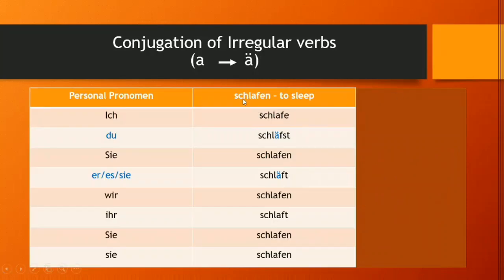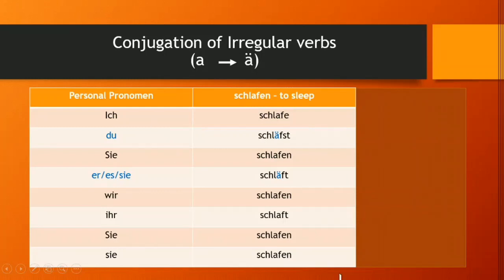The other irregular verb where again A changes to A umlaut in the Verbstamm, right? Schlafen. Schlafen is to sleep.